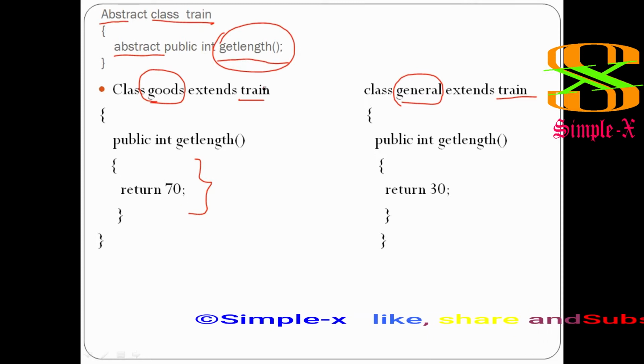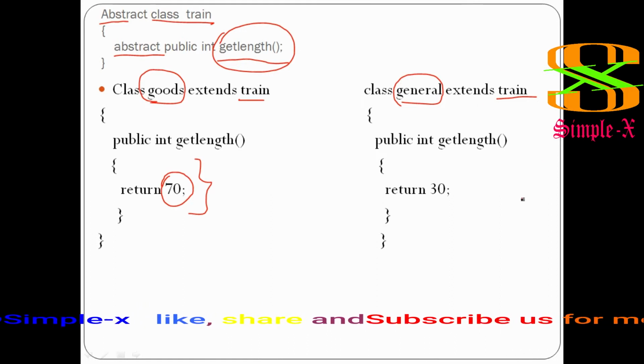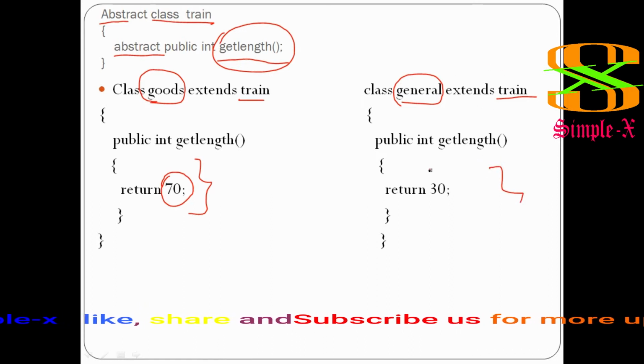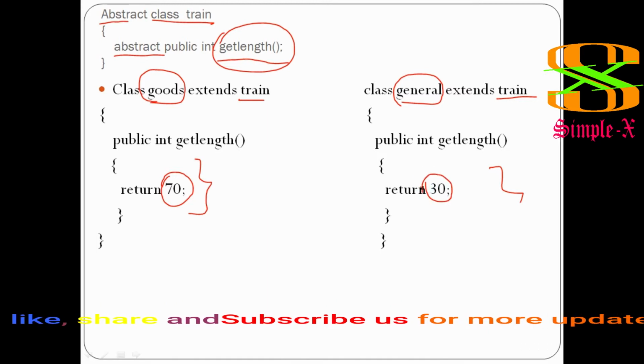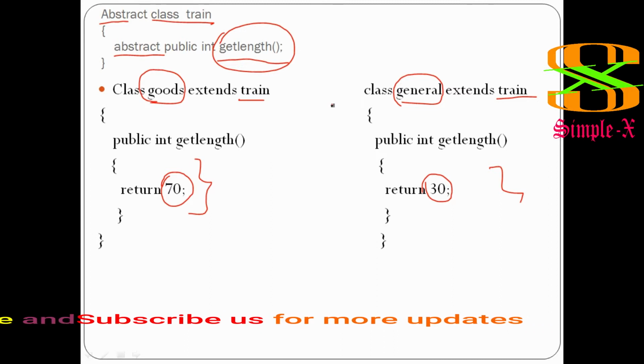If the train is of goods type, then the length of the train would be 70. If the train is of general type, then the implementation is this, and then the length of the train would be 30. And this is how the abstract method will be implemented in the child classes.